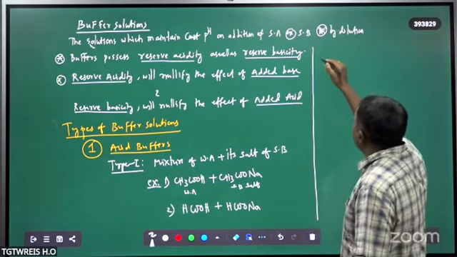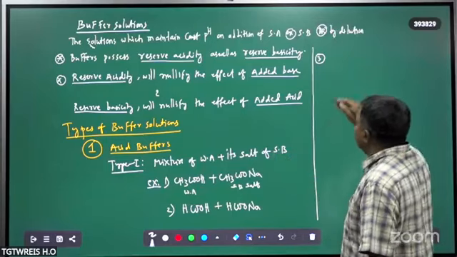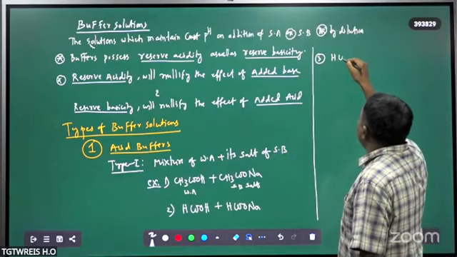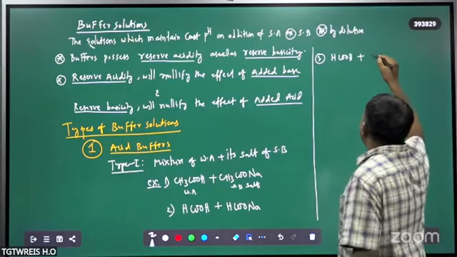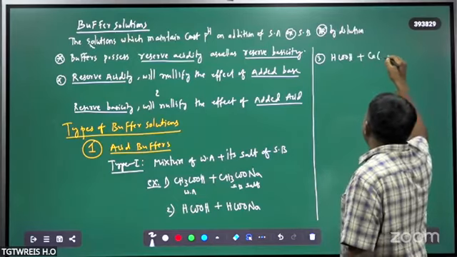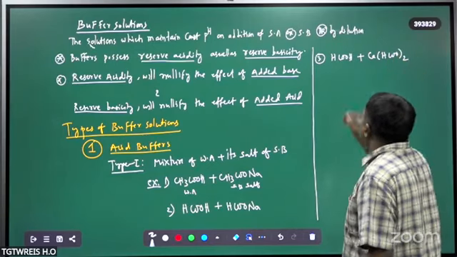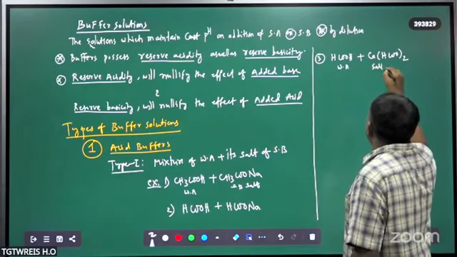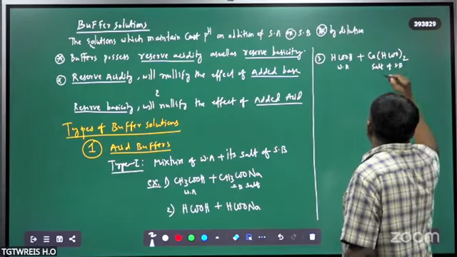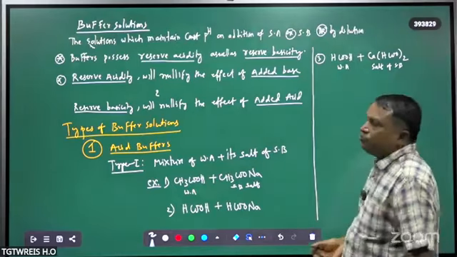And the third example for acid buffers, suppose you take HCOOH plus calcium formate, (HCOO)2Ca. This is the weak acid and it is the salt of strong base. Their salt is the calcium formate.